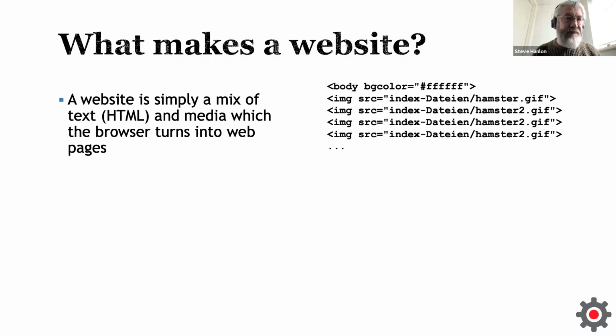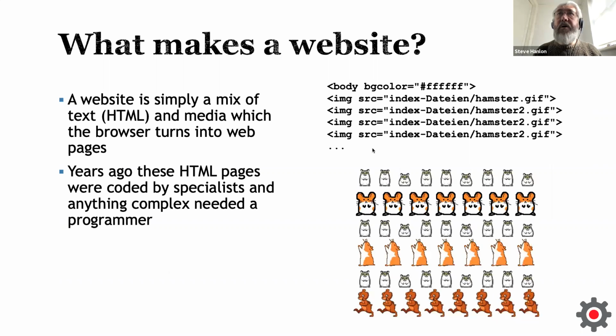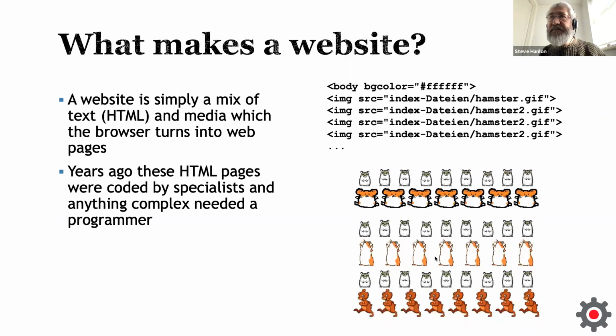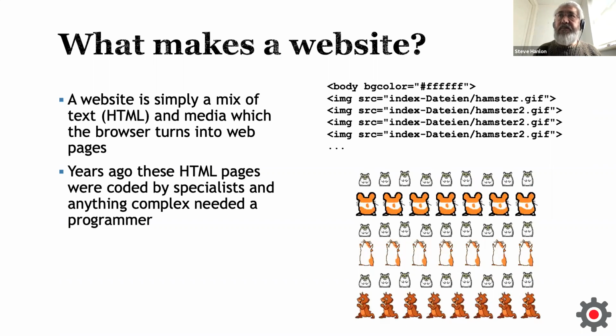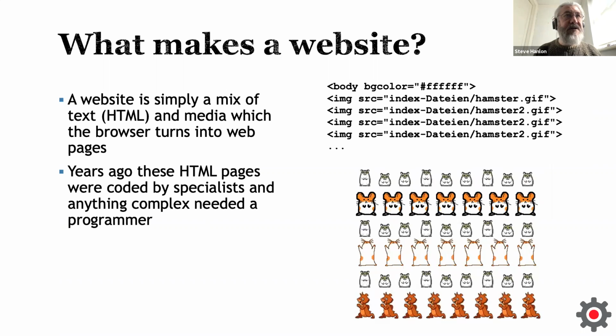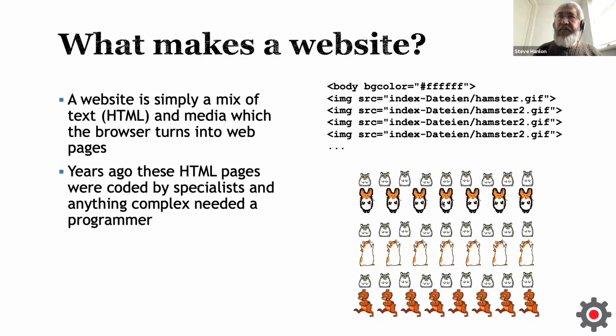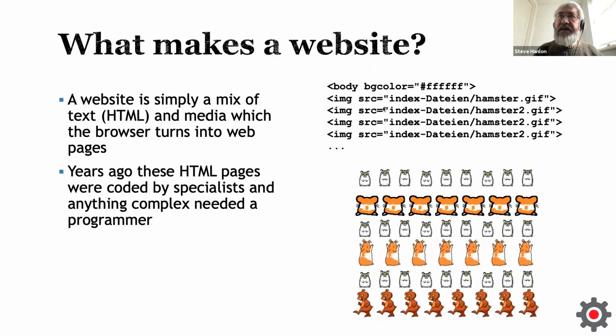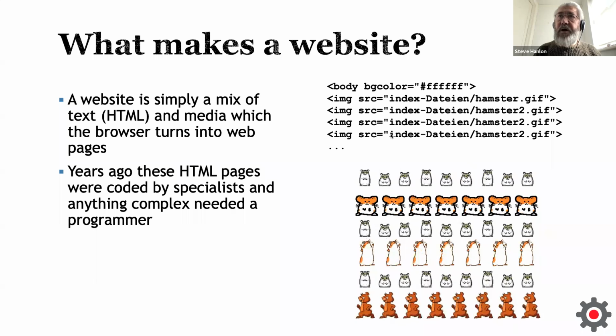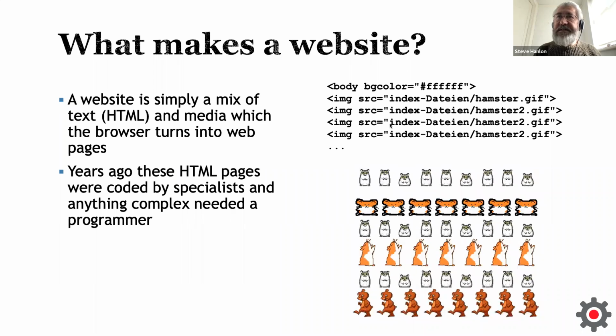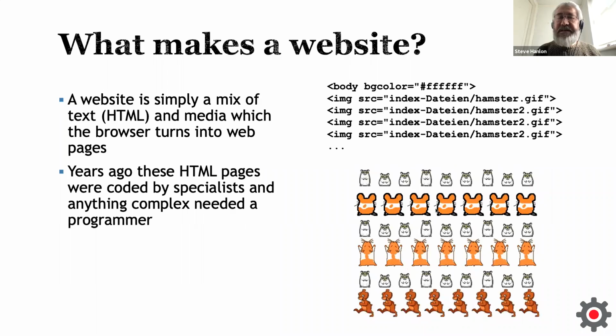So this is just some HTML that we've got here, and you can see it links off to some images. Now, years ago, we used to have dancing hamsters, and this is just a bunch of different images and HTML that make these up. And back in the day, you'd need experts in this code to be able to put together a site as awesome as this.